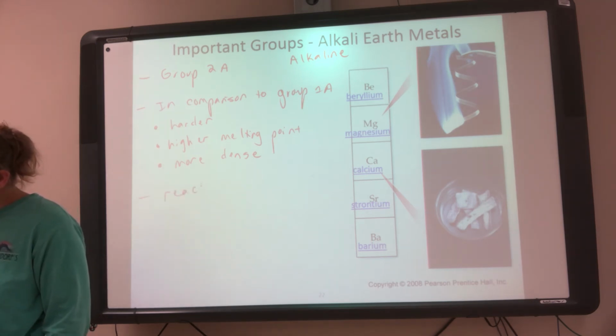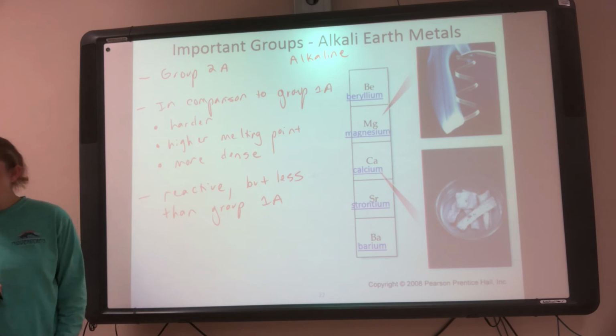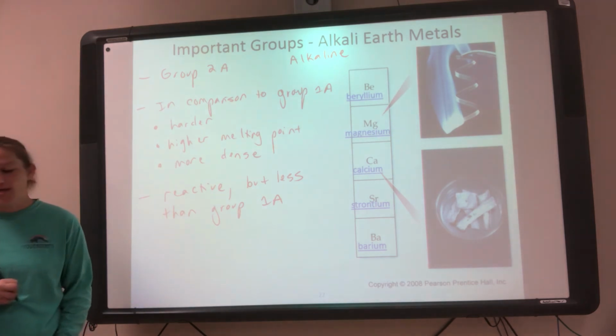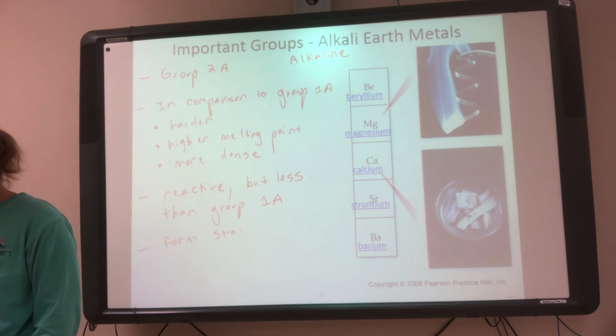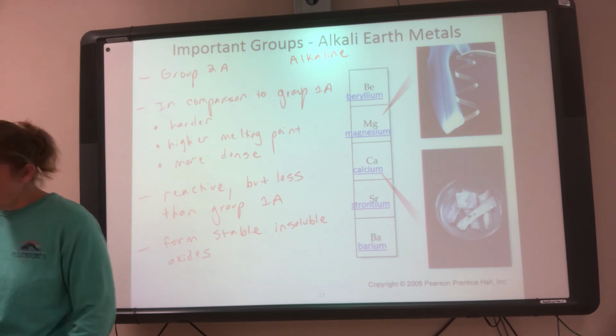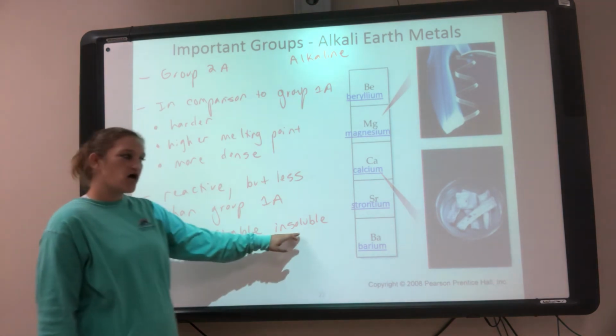They're also reactive, but less than group 1A. They're reactive, but not as reactive as group 1A, which is very reactive. And these guys like to form stable, insoluble oxides. Insoluble means it's not going to dissolve.